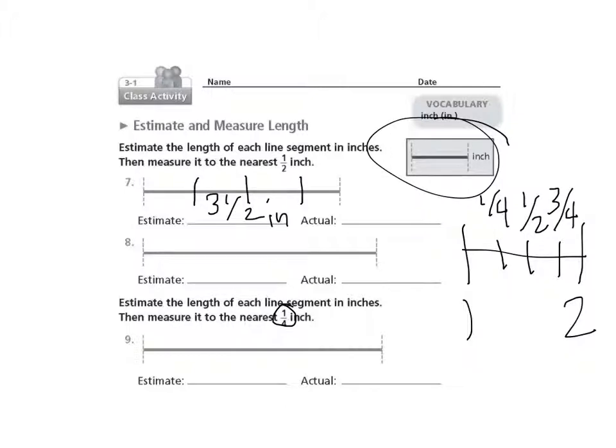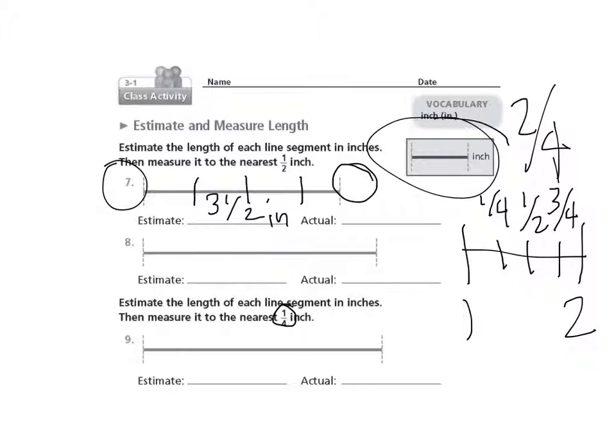For that one, you do either whole or half. For this one, you're going to do fourths of an inch, which actually includes the 1/2, because like I said, that actually means 2/4.